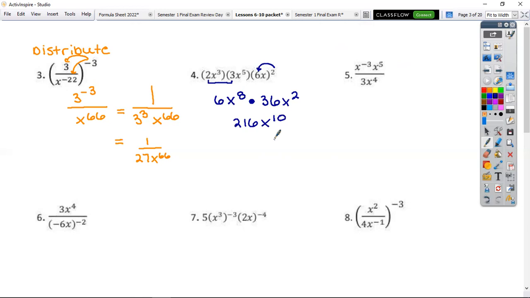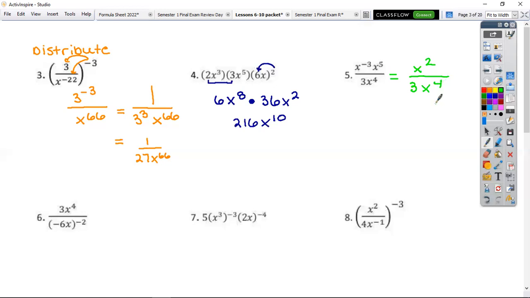All right, so number 5, again, you have options with these. So you don't have to necessarily all start with the same property. If you want, you can flip it, or you can add them together. I'm going to add them together because it's going to make my negative go away. So there's that. And then I have 3x to the 4th.